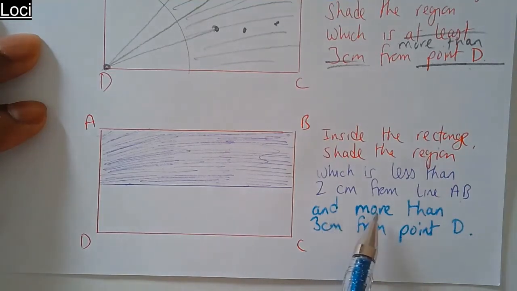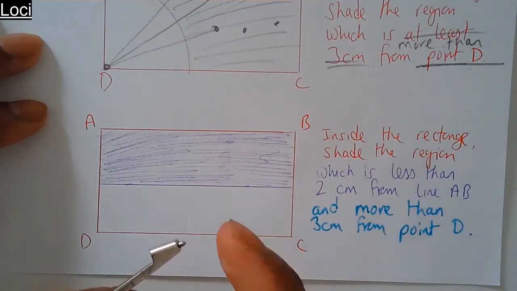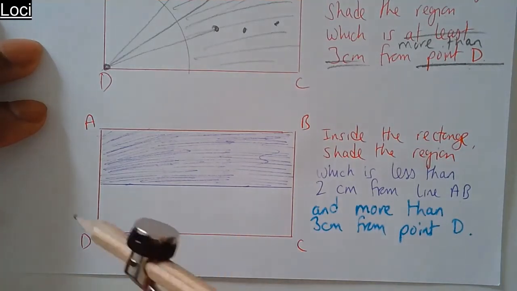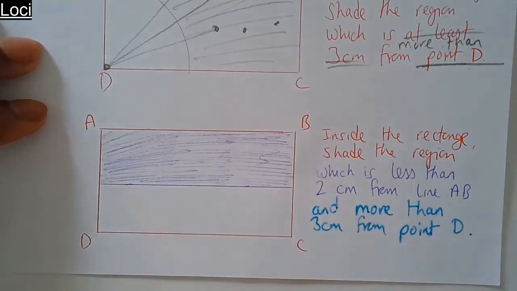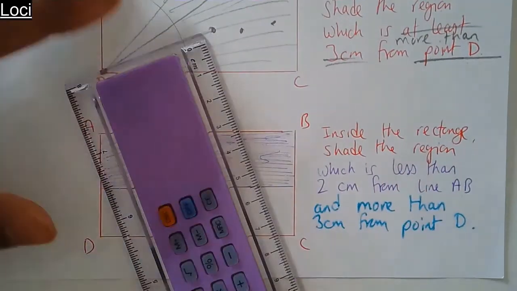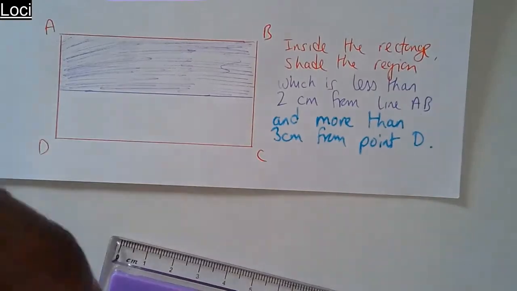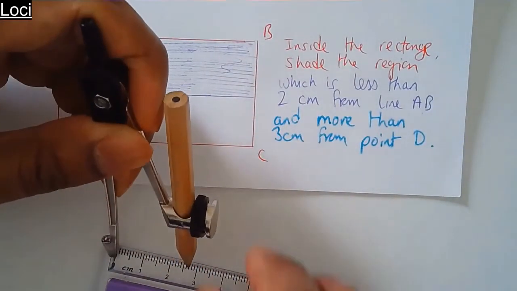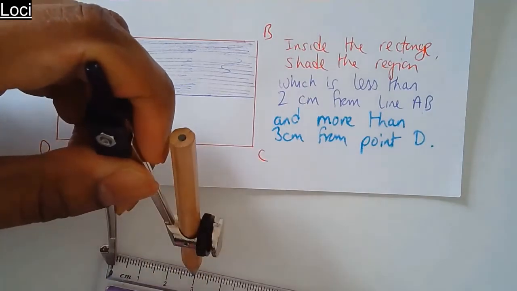And it needs to be more than 3 centimeters from point D. Meaning you need a needle point to put on point D. Remember, you need to measure it first. There, check.